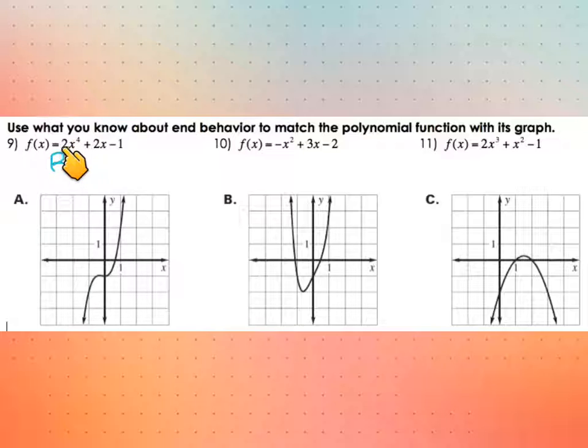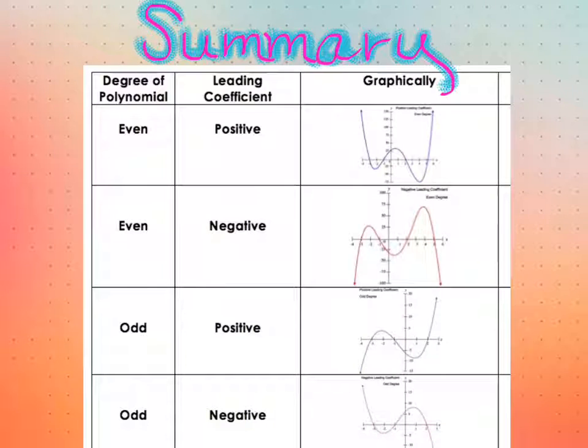The leading coefficient is positive, so both sides are going up. So it would have to be letter B, which means that number 10, we know and should know that it's a parabola. And then, which leads us to number 11, an odd degree function with a leading coefficient that's positive, is that right there.